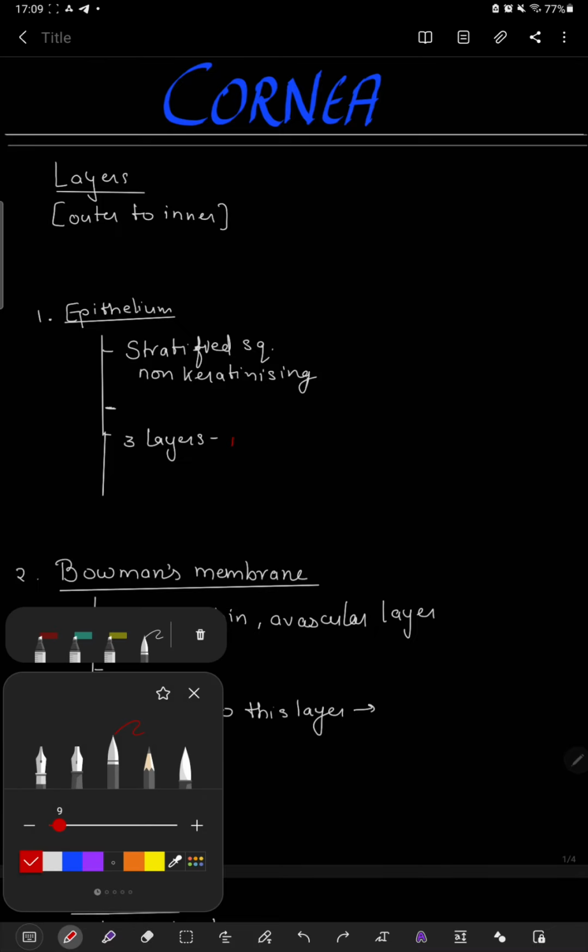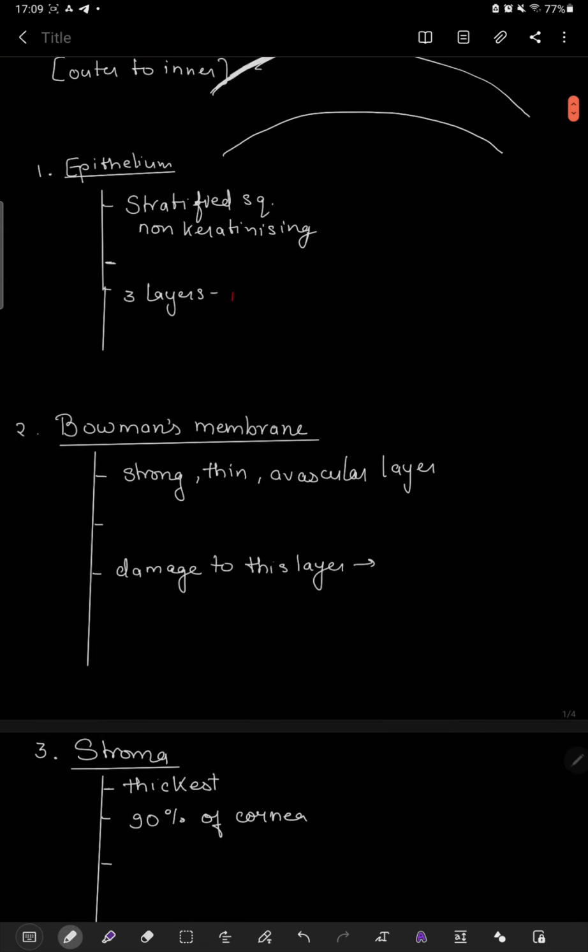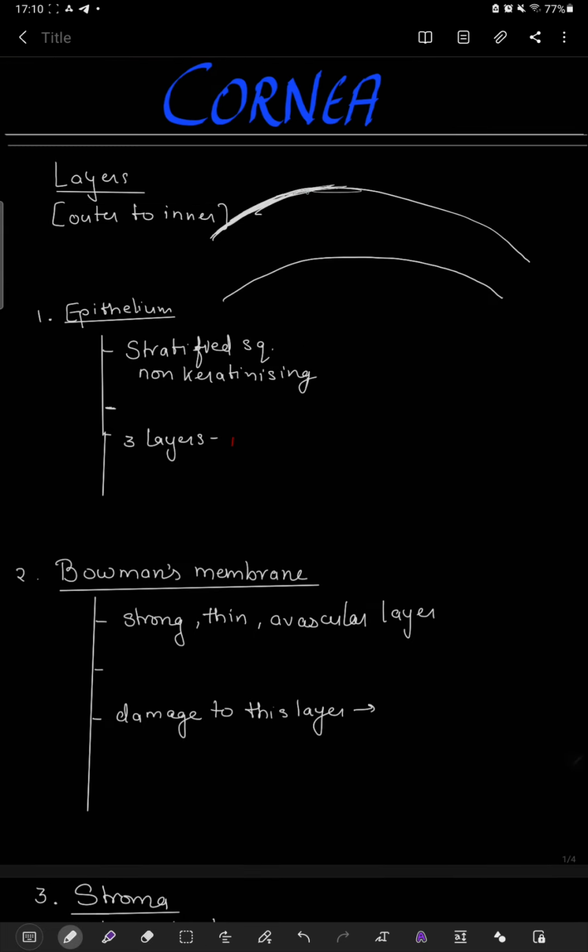So what are those 6 layers? We'll talk about it by this diagram. So from outer to inner, if we will talk, the outermost layer, the most outermost layer is the epithelium.